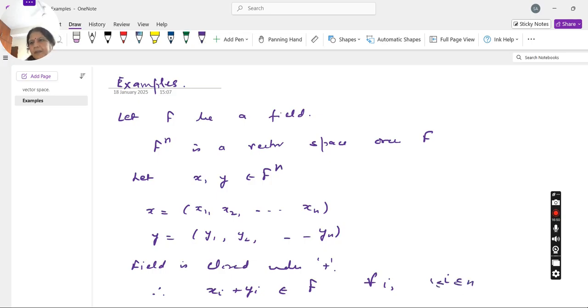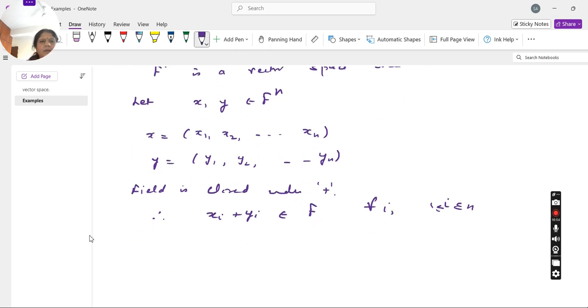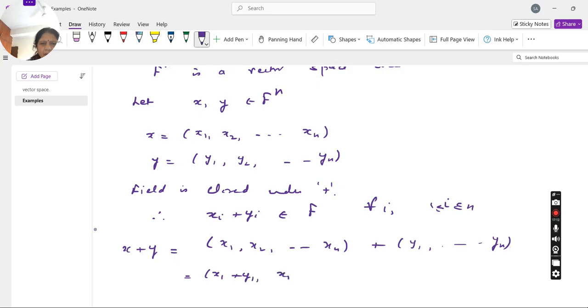And this means that x plus y, which is (x1, x2, ..., xn) plus (y1, y2, ..., yn), since it is coordinate-wise addition, we can write as (x1 plus y1, x2 plus y2, ..., xn plus yn).